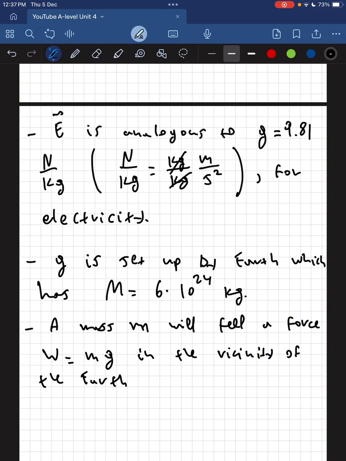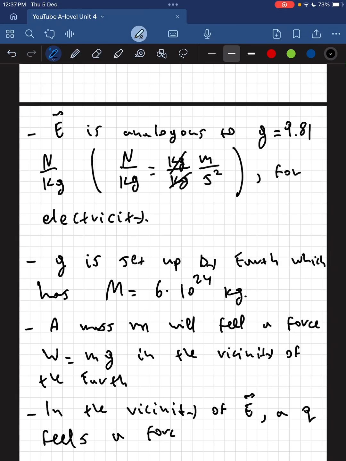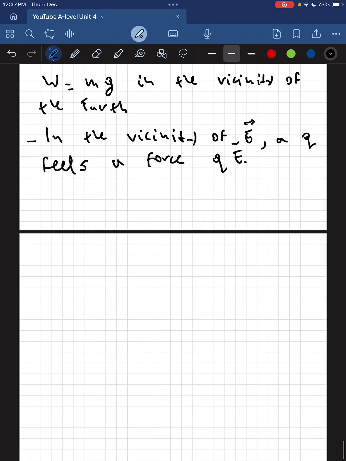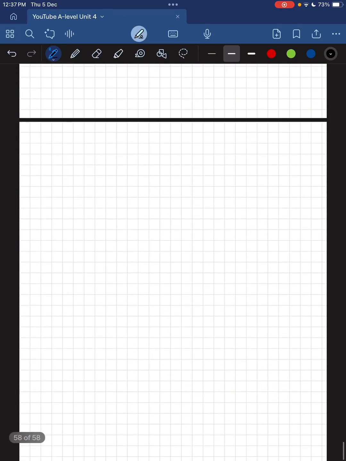So the same applies, but for charges in electricity. In the vicinity of a large electric field E, a small charge q feels a force q times E. What is that force going to do?